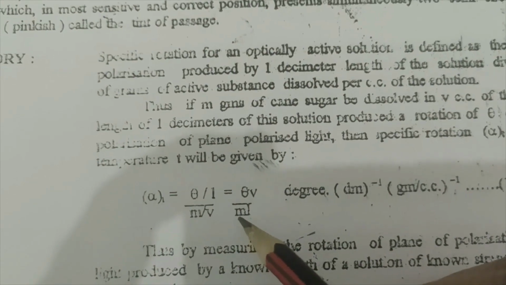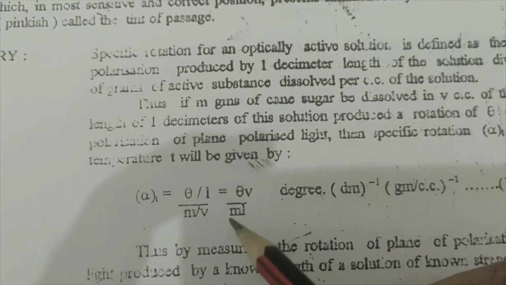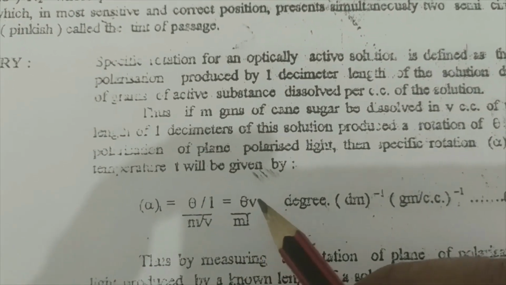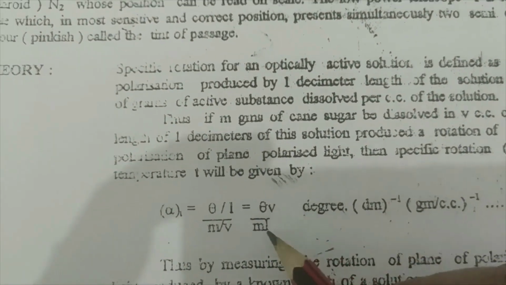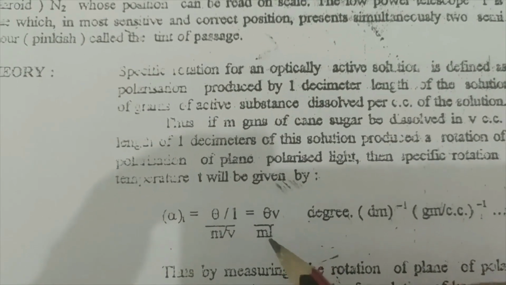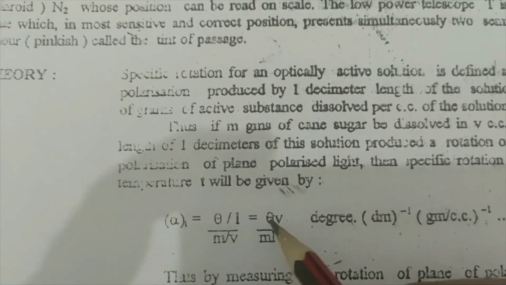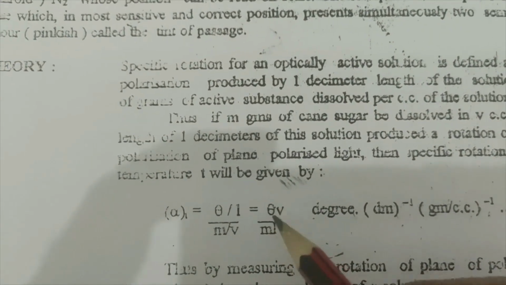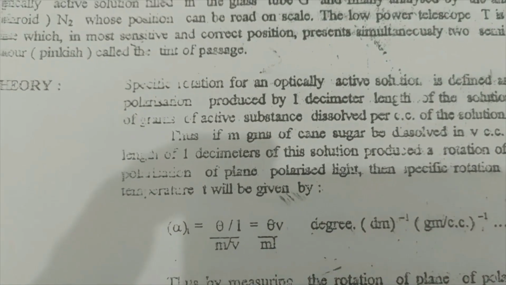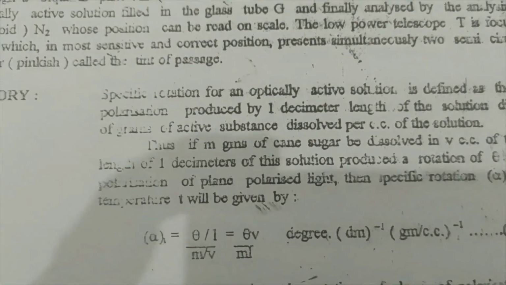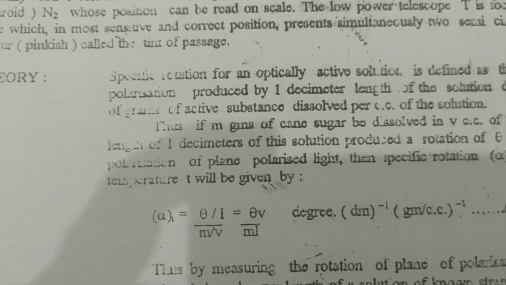This will be the length of the liquid which will be filled in the tube, and theta we will find out during the observation. That will give us the rotation of the plane polarized light while it passes through the solution of the sugar.